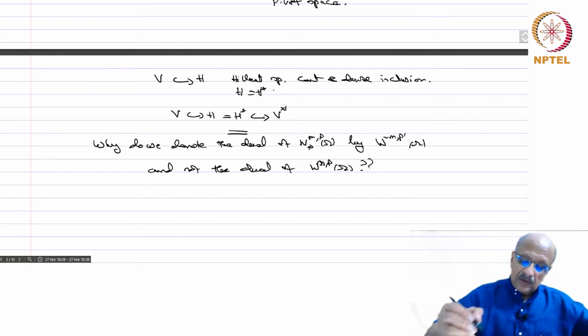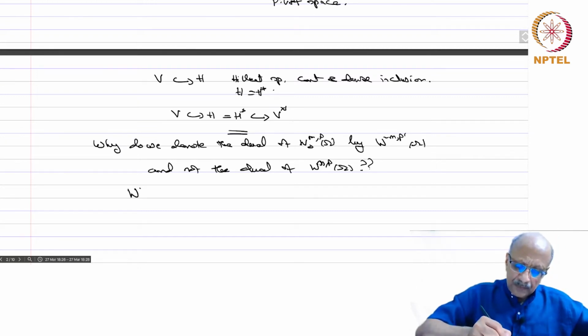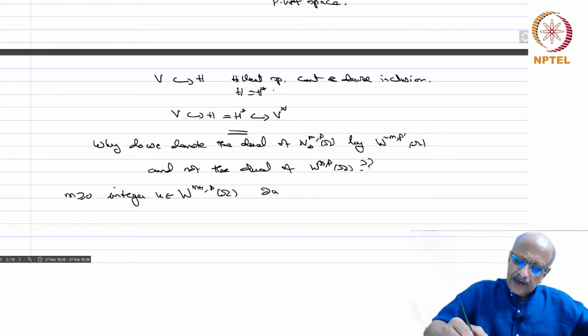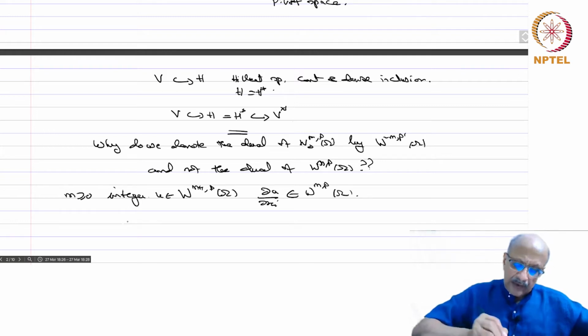The reason for this is, if you have W M plus 1, so M is a positive integer, then if you take U in W M plus 1 P of omega, then du by dxi belongs to WMP of omega. So we'd like this to continue.